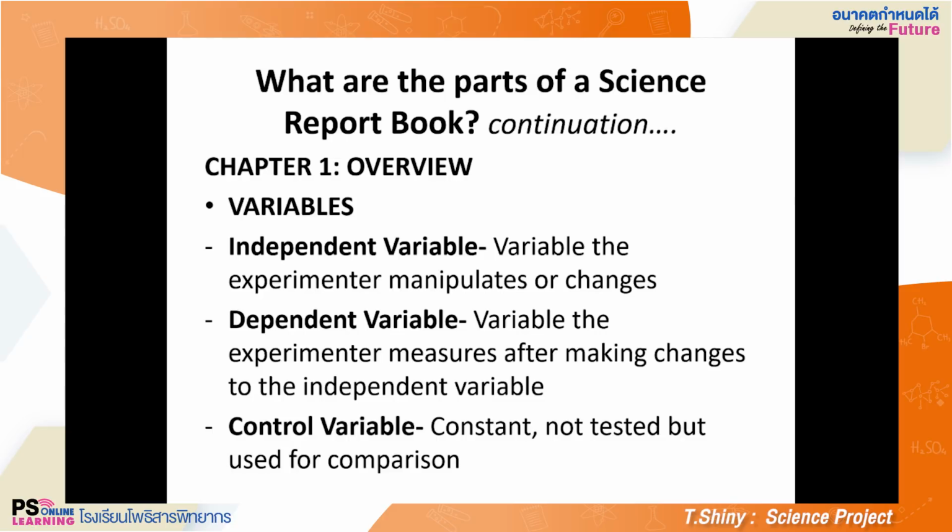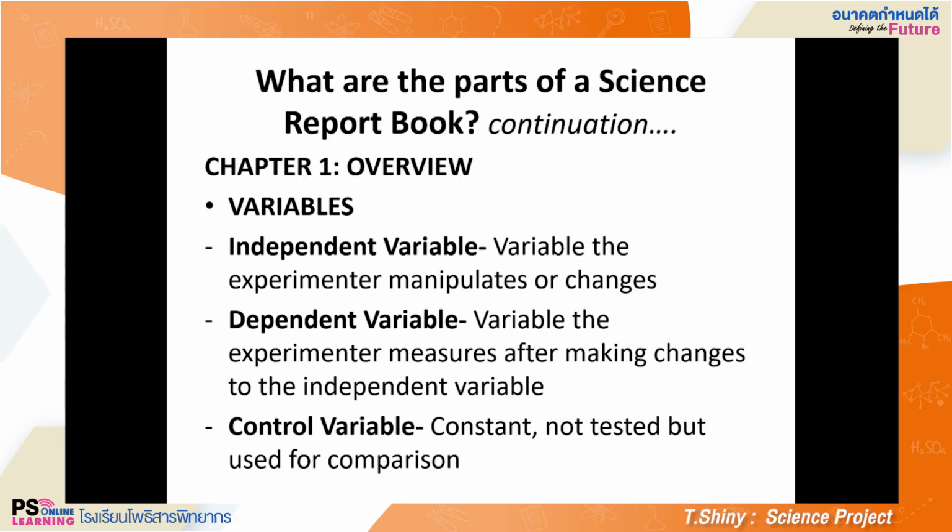So independent variable and dependent variable are directly related with each other. Why? A change in independent variable will cause a change in dependent variable. So if you change something from the independent variable, then the dependent variable will also change.